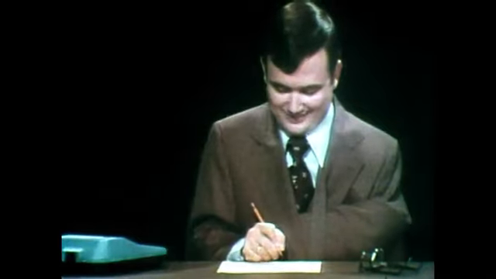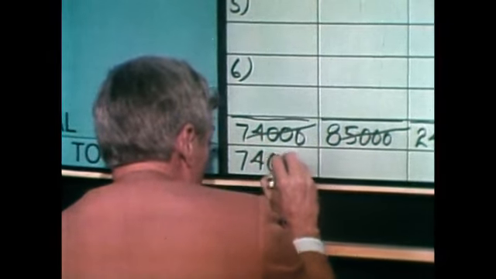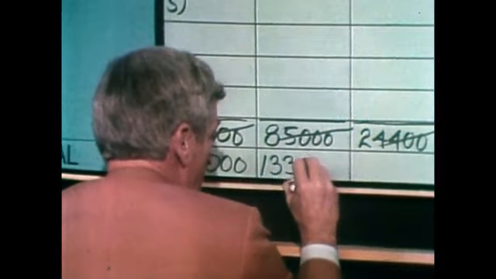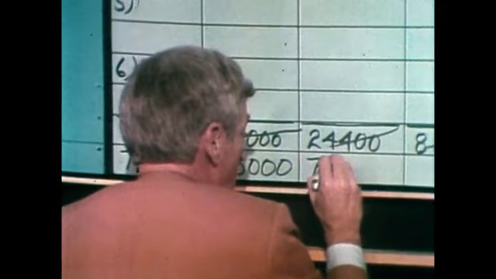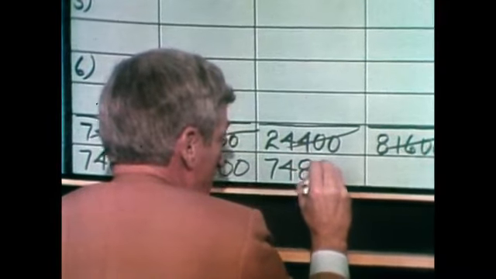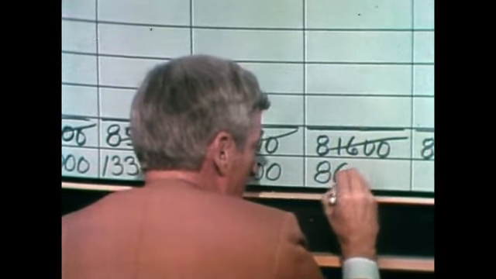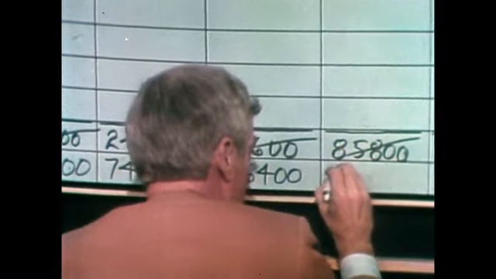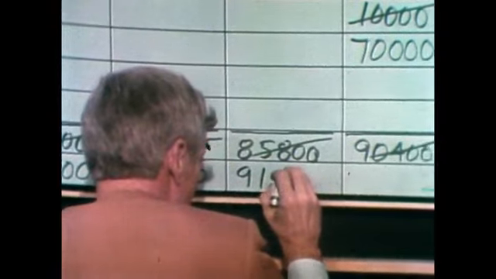Okay. Well, month 1 I can handle. That's $74,000. Okay, that one's easy to add. And how about month 2? $133,000. That's correct. And month number 3? $74,800. $74,800. $86,400 the following month. $86,400. $91,800 in month 5. $91,800.